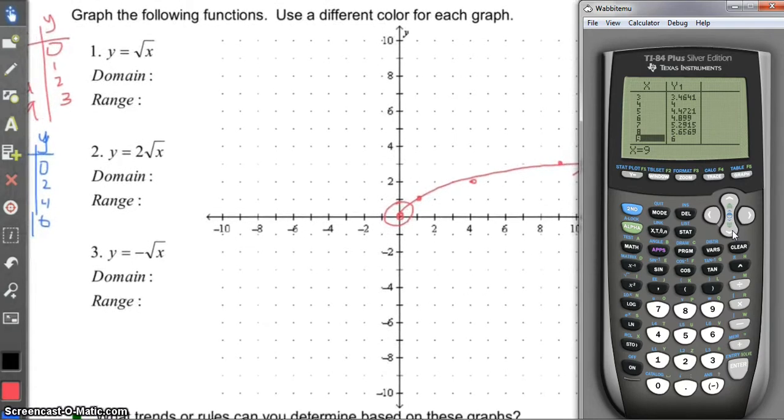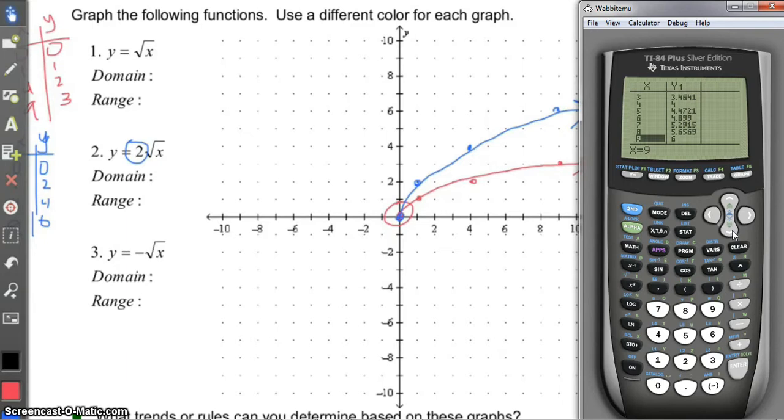So 0, 0, 1, 2, 4, 4, and then 9, 6. It also looks like a shooting star. And as you can see, since it's multiplied by 2, what happened to the graph? Remember, when you're multiplying by a number greater than 1, it's a vertical stretch, remember?